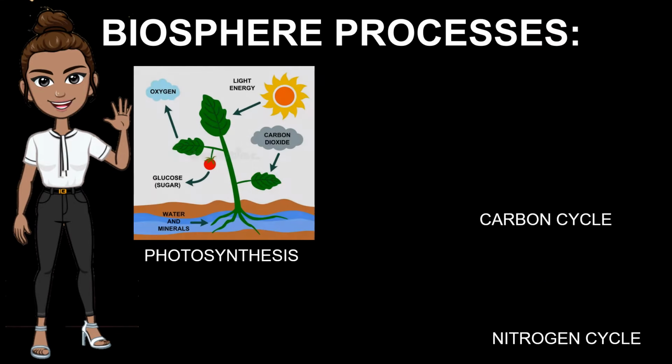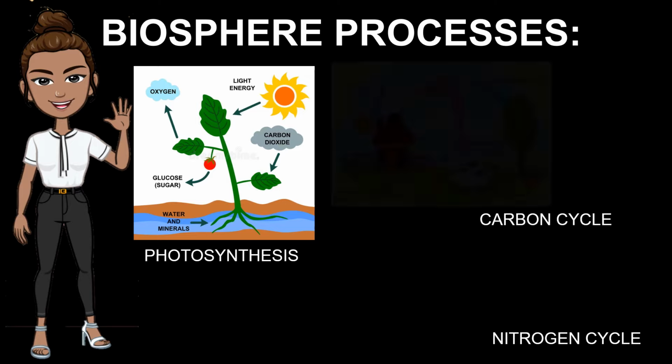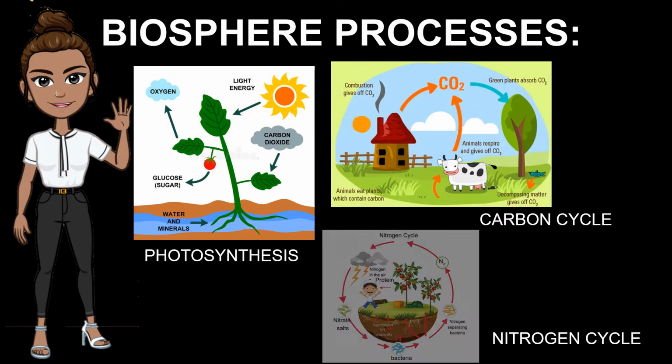Different processes happen in the biosphere, such as photosynthesis and biogeochemical cycles like the carbon cycle and nitrogen cycle. The main source of energy for all life forms is the sun. Through photosynthesis, producers manufacture their own food to produce carbohydrates.